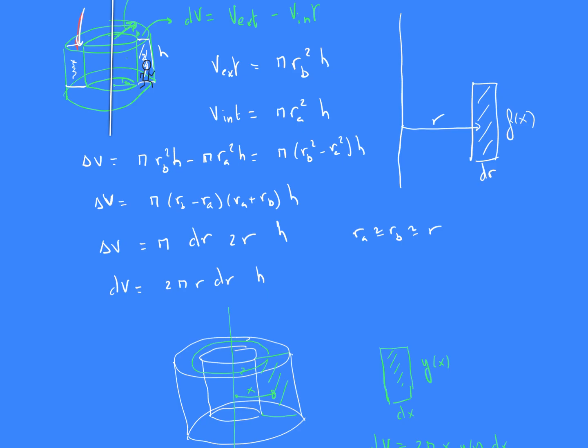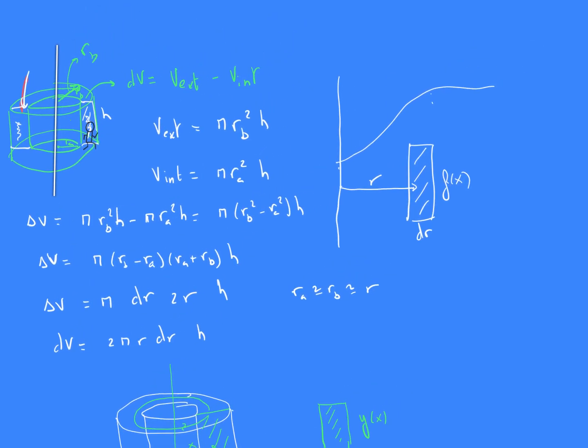So I will think something like this. Let's do something like this. I will think about the rotation of a function like this, f of x, rotating around the y-axis.